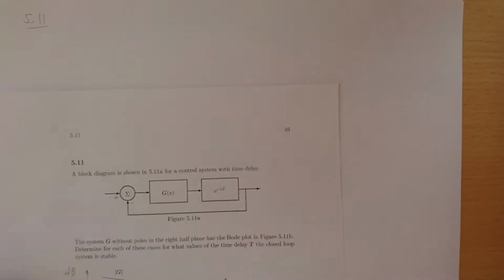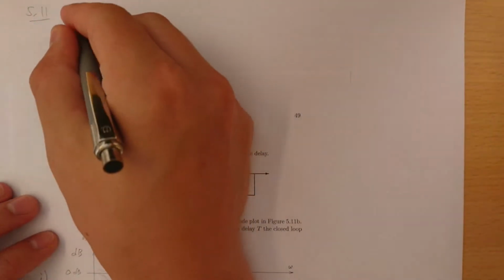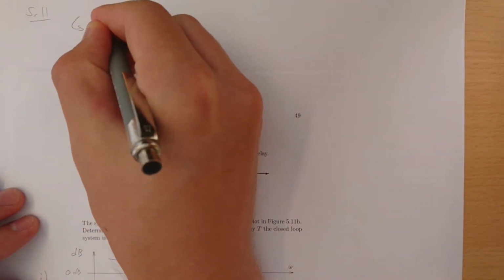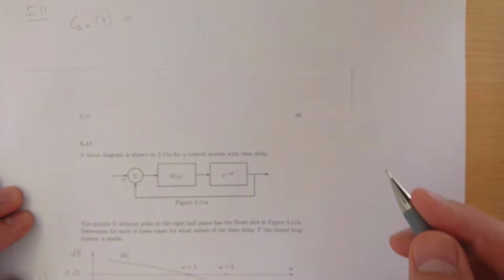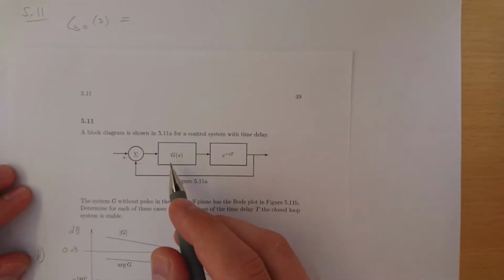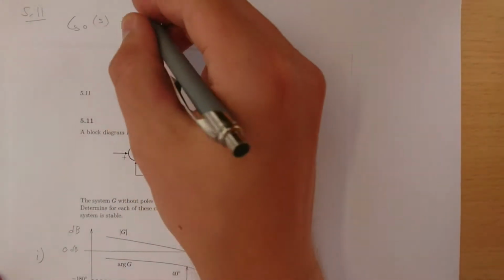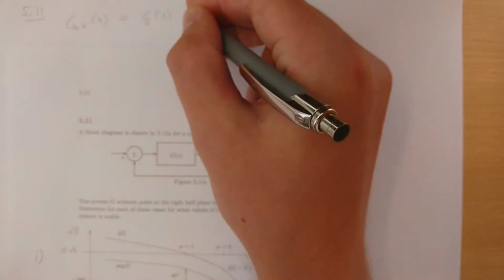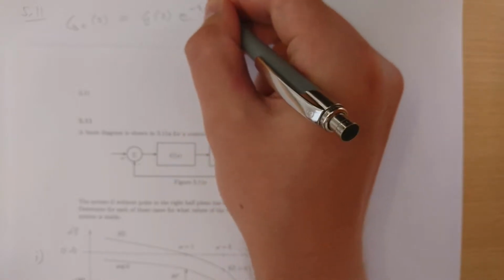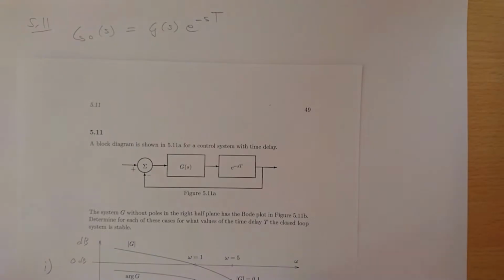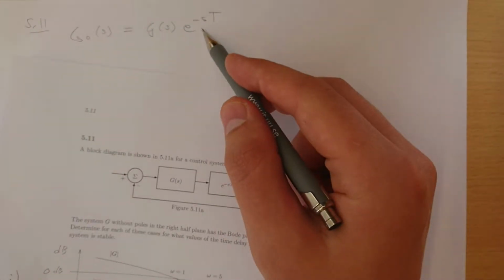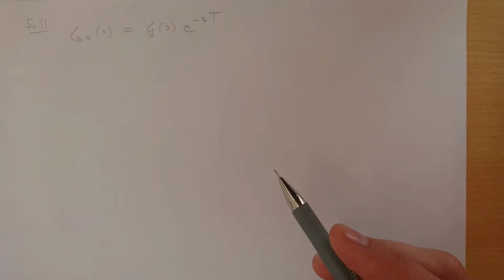Alright, so if we look at the loop gain in this case, G0(s), the loop gain will just be the product between G(s) and this exponential corresponding to the time delay. That will be G(s) times e to the power of minus s times the time delay, capital T. So now we have to find out how this time delay will affect the Bode plots.